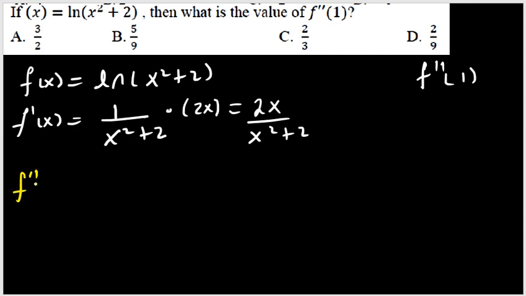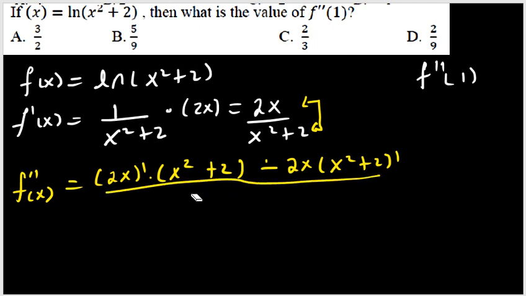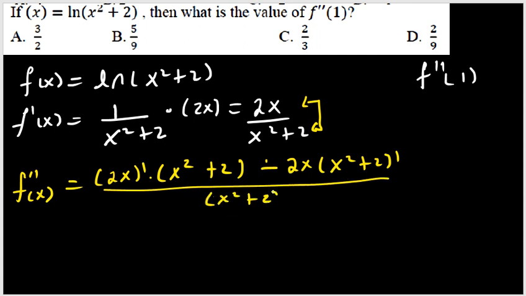So when you go to the second derivative, we need to apply the quotient rule, because we have two functions here, upper and lower. The quotient rule says the upper derivative times the lower as it is, minus the upper as it is times the lower derivative, the whole over the lower function squared.